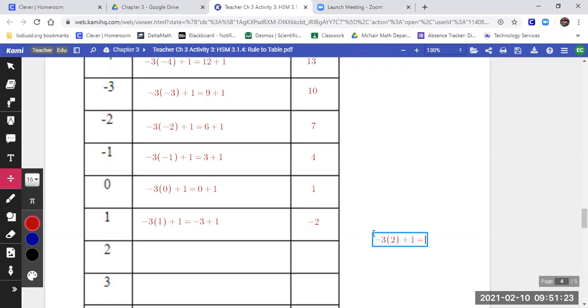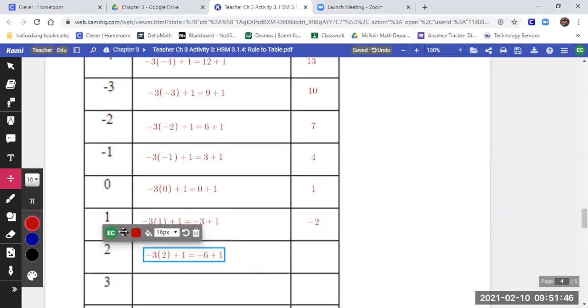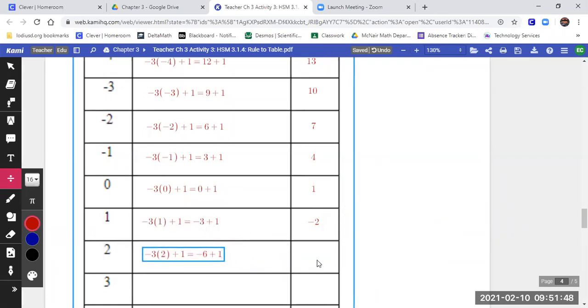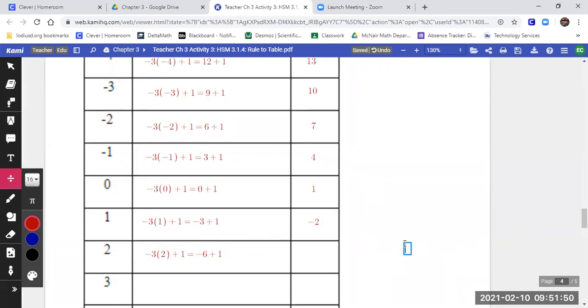Okay, so negative times positive, I know my answer is negative. 3 times 2, 6, and then I'm supposed to add 1 back, right? So if I start at negative 6 and I add 1 back, my answer would be what? Negative 5.